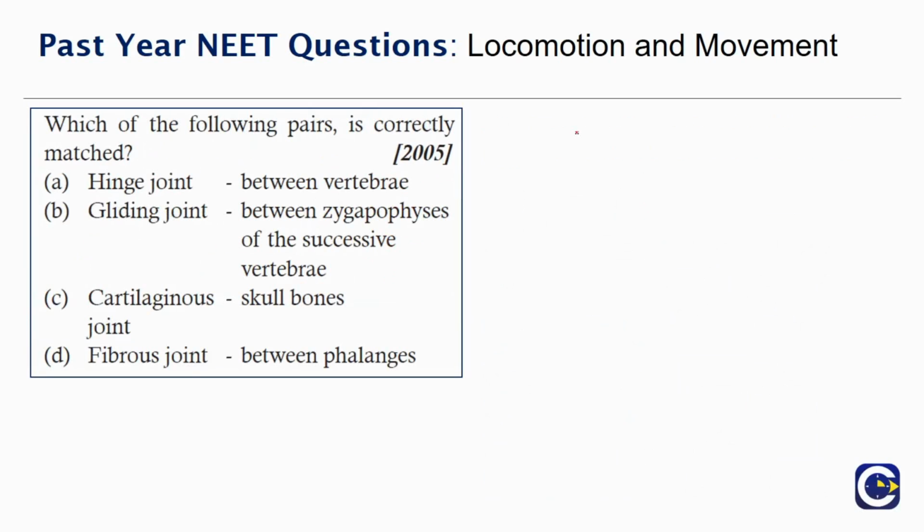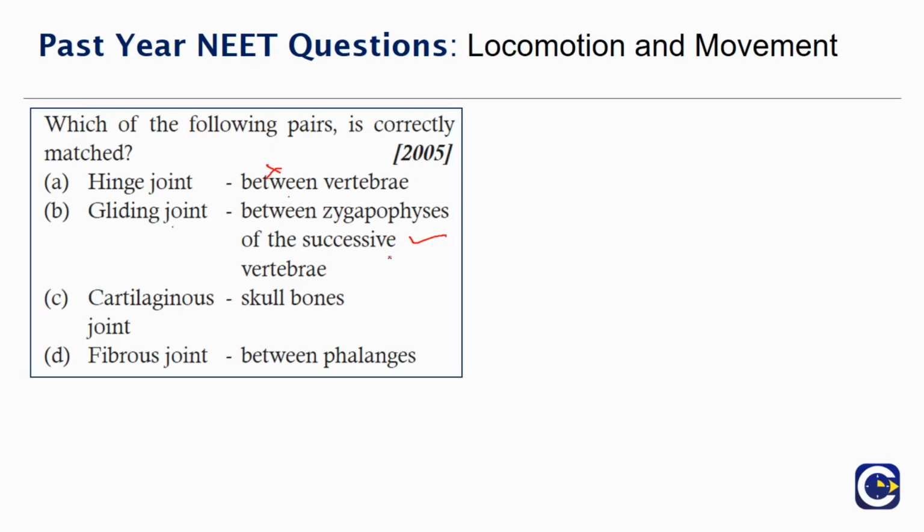So moving on to the next question: which one of the following pairs is correctly matched? Hinge joint between the vertebrae; gliding joint between the zygapophyses of successive vertebrae; cartilaginous joint in the skull bones; fibrous joint between the phalanges. So a hinge joint between the vertebrae is wrong. A gliding joint between the zygapophyses of successive vertebrae is correct.